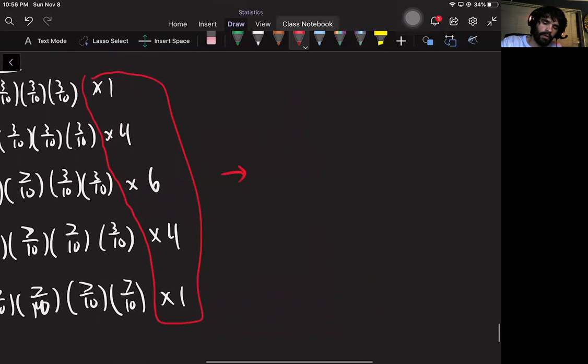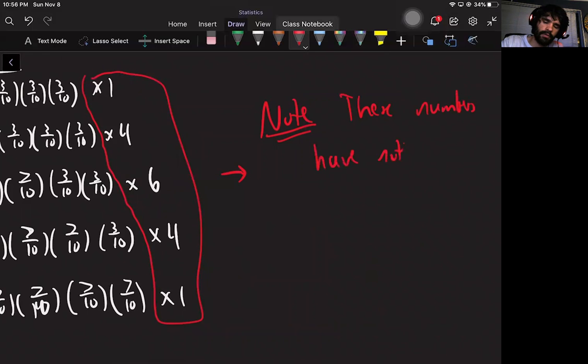What I do want you to notice is that these numbers have nothing to do with the probability of success. They came from the number of trials.